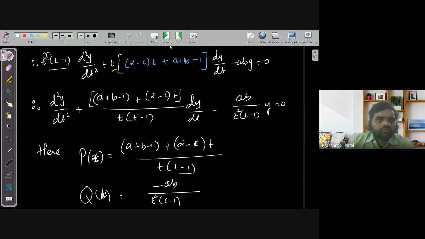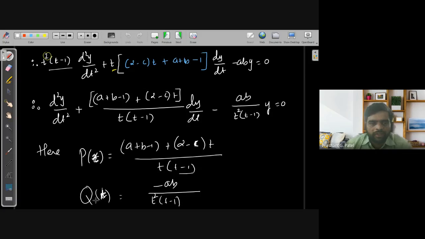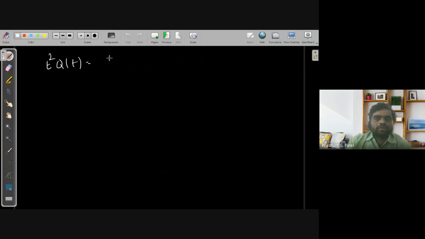Next, what will be the t square into q of t? So we know that q of t is this, minus ab upon t square into 1 minus t. So it is t square into minus ab upon t square into 1 minus t. So t square will get cancelled.